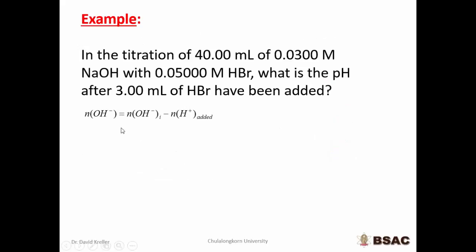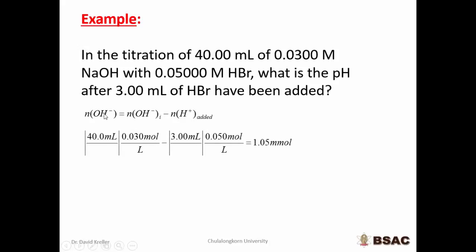So the calculation is: the number of moles of hydroxide remaining is equal to the number of hydroxide millimoles that you started with, minus the number of hydrogen ion millimoles that have been added. The initial millimoles of hydroxide will be its initial volume multiplied by its concentration.